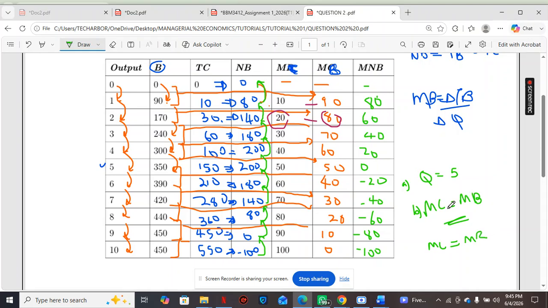Where marginal cost equals marginal benefit, this is the point of profit maximization. This is the output you should produce, 5 units, in order to maximize profits. Okay, and as you can see, this net benefit is more like profit because the benefit, if this was revenue and this is total cost, this is like profit, and we see that's the highest here.